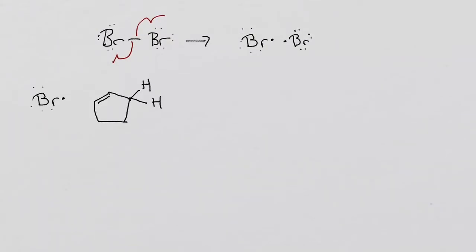Now, that radical that's been formed is going to abstract a hydrogen from our alkene starting material that's going to lead to the most stable radical. And I've drawn in those hydrogens, so we're going to have our electrons moving like this, and that's going to lead to this alkyl radical plus HBr.